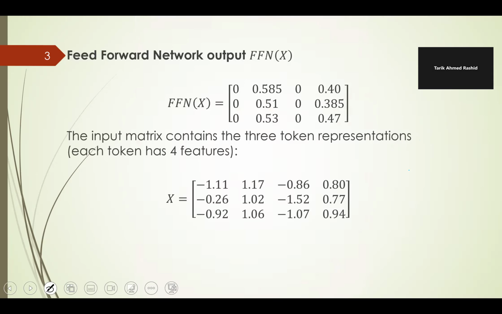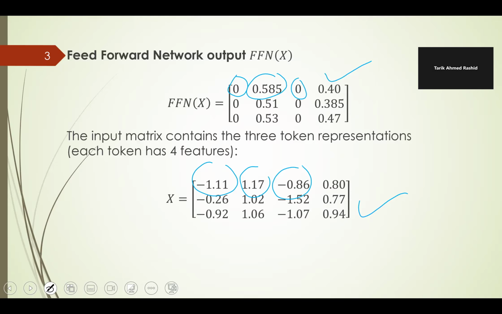So let's do that. That's the output of the feed forward network, and this is the original input. Element-wise addition: 0 plus minus 0.11, 0.585 plus 1.17, and 0 plus minus 0.86, and so on and so forth.